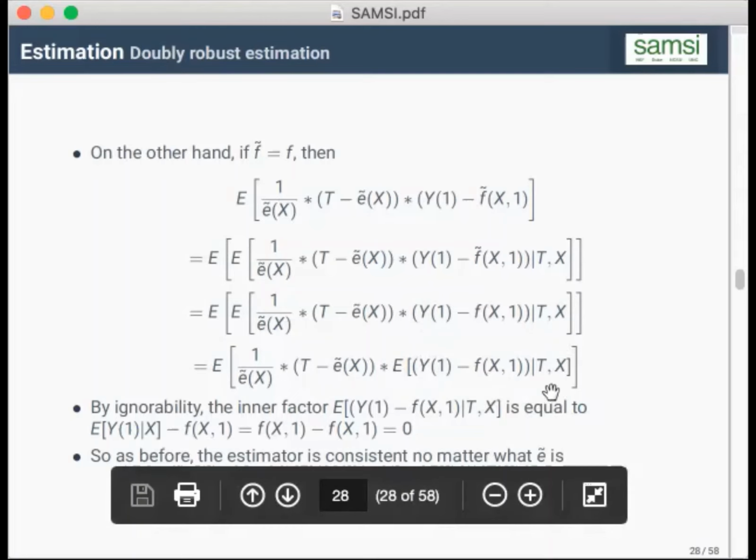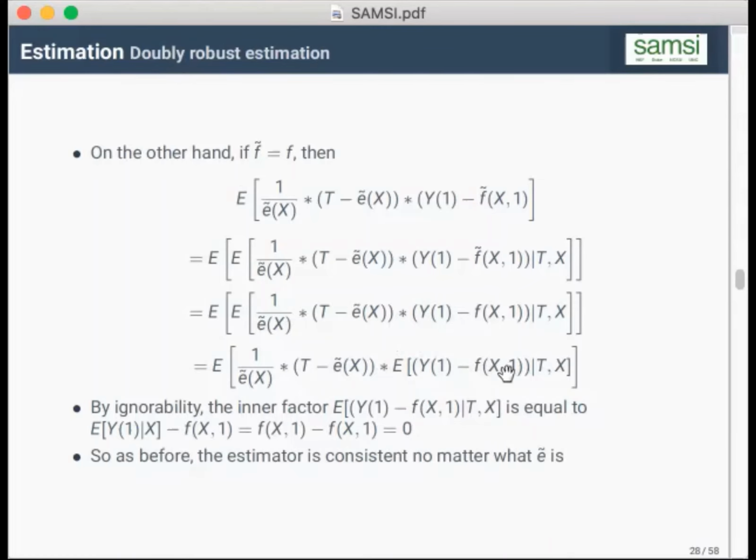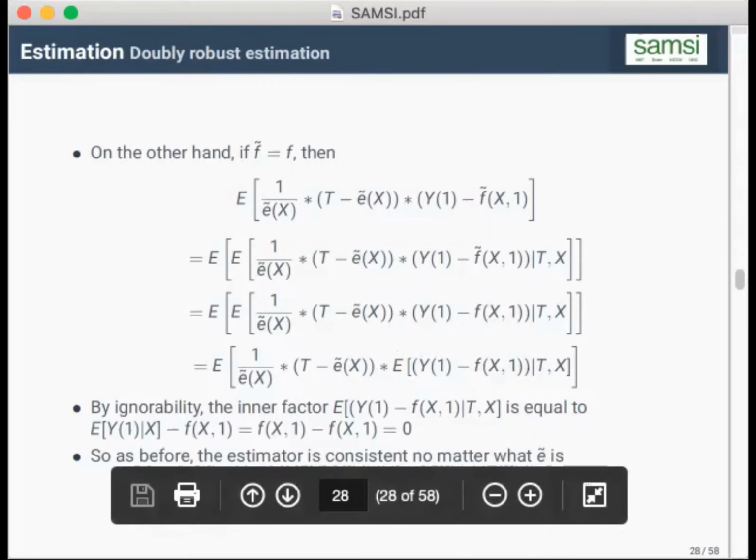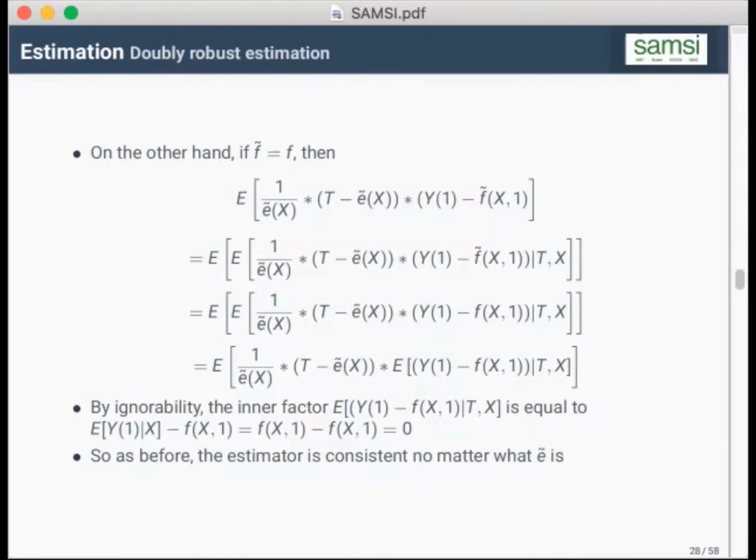And again, we've reduced this big error term to something that has a product in it that is by definition equal to 0 whenever f is truly capturing the conditional expectation of Y1 given T and X. So again, if the outcome regression model is correctly specified, then the estimator will be consistent no matter what the probability limit of the propensity score model is.